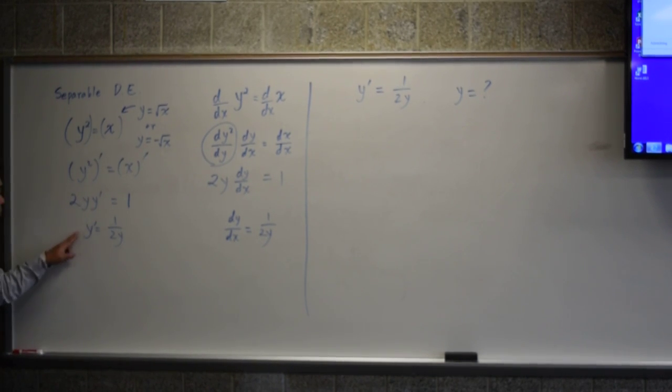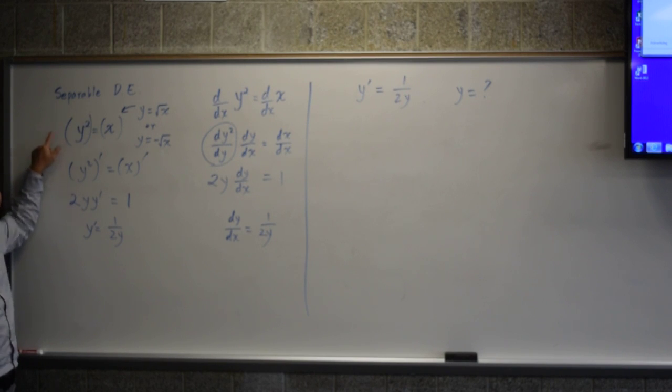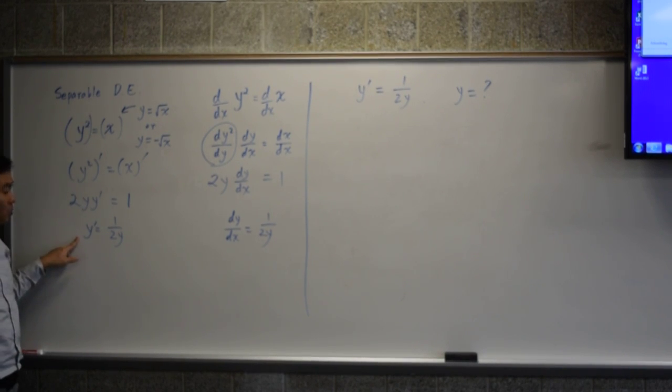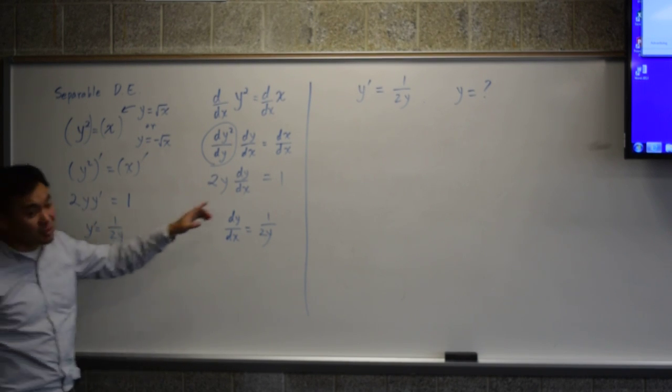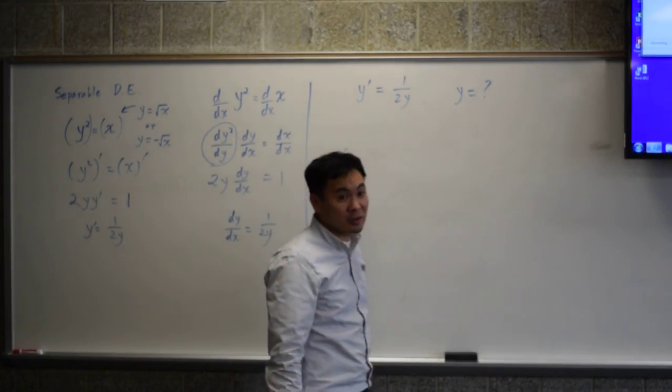Now, to solve this, because we started from here and got this, solving is just the opposite of what we did. So maybe the right way to do it is to go backwards and see what happens. Okay, so what should I do first? Looking at this, what should I do first?